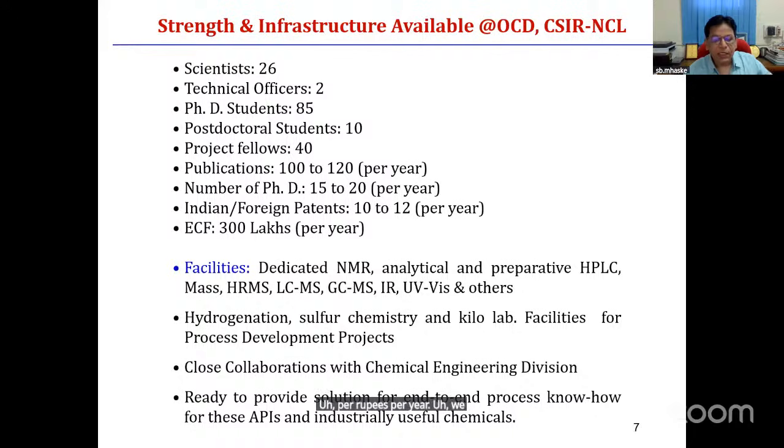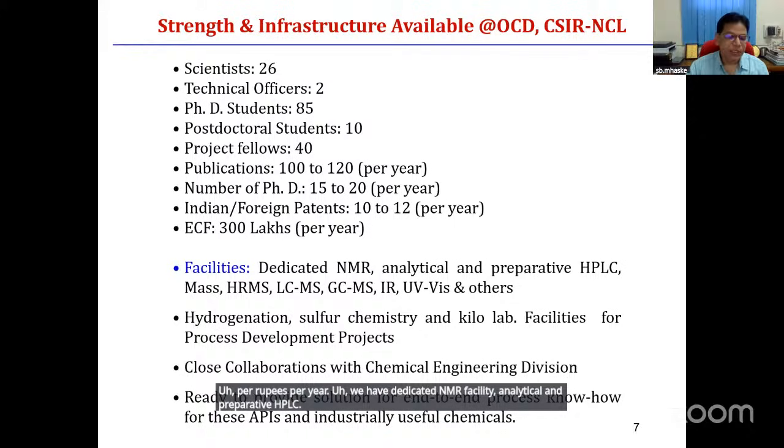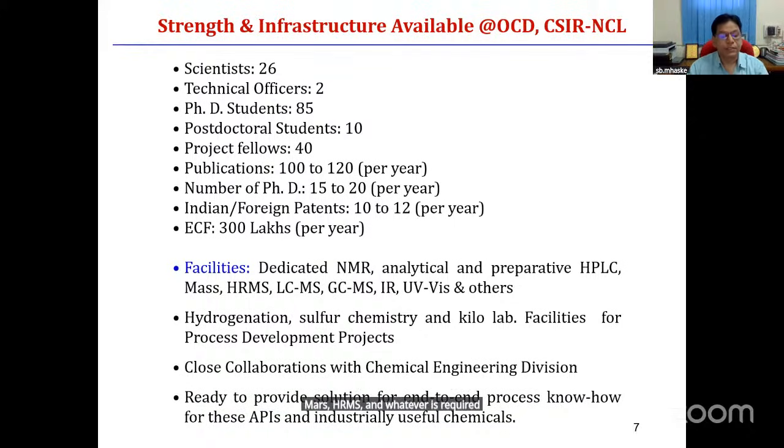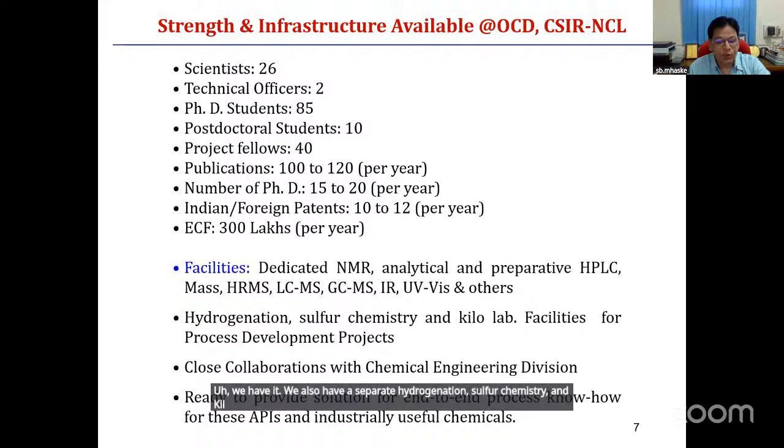We have a dedicated NMR facility, analytical and preparative HPLC, mass, HRMS, and whatever is required for organic synthesis, we have it. We also have separate hydrogenation, sulfur chemistry, and kilo lab facilities for process development.